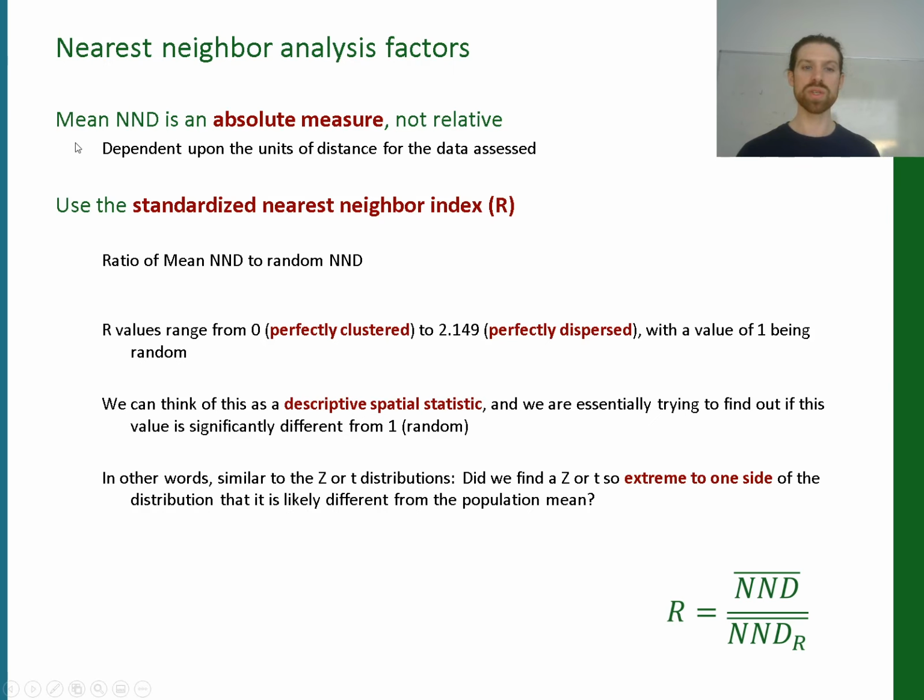You can also use a standardized nearest neighbor index. So that's basically where we take the ratio of the mean nearest neighbor distance to the random nearest neighbor distance, and we end up with a set of R values. So 0 is perfectly clustered, 2.149 is perfectly dispersed, and 1 would just be totally random. So we can kind of think of this as a descriptive spatial statistic, okay?